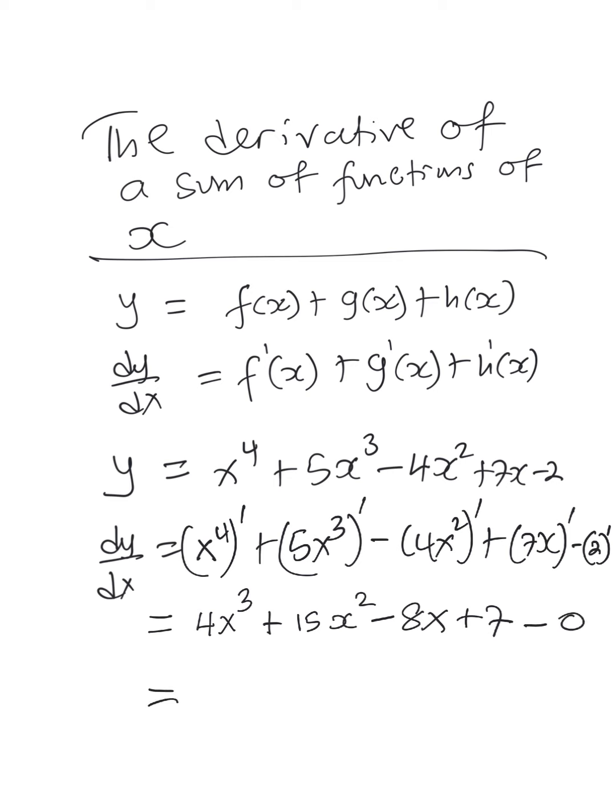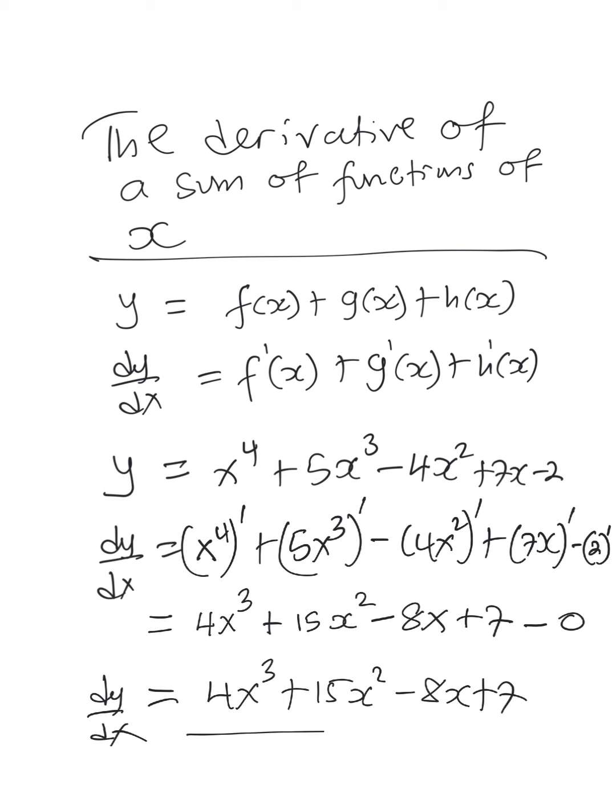So this will give you 4x cubed plus 15x squared minus 8x plus 7. That's the dy by dx. So to find the derivative of the sum of functions, we find the sum of derivatives of the functions. That's it. Differentiate each function in turn and then add together the derivatives.